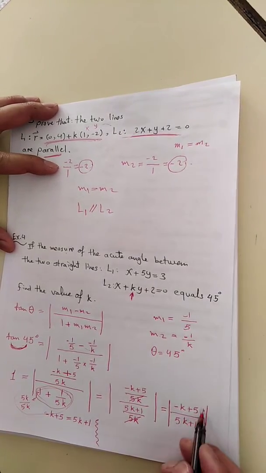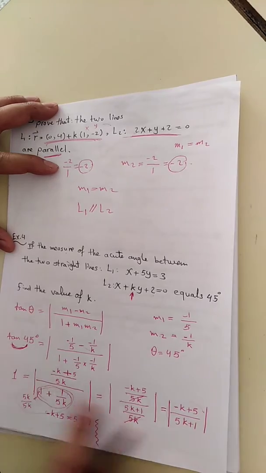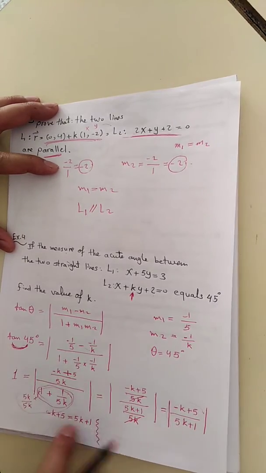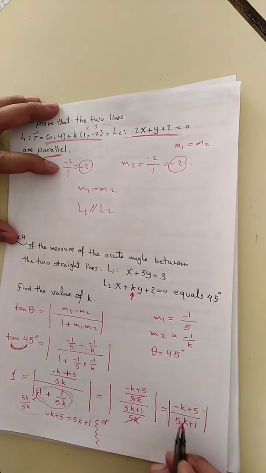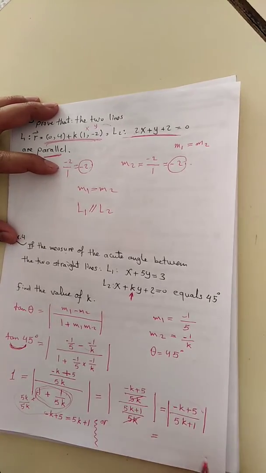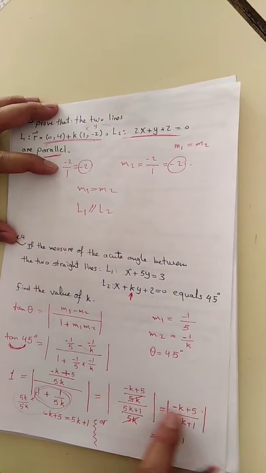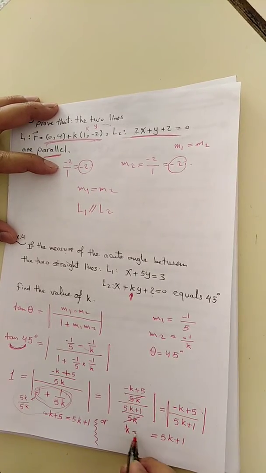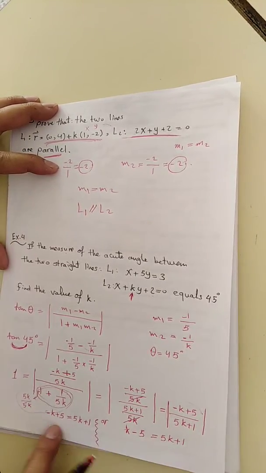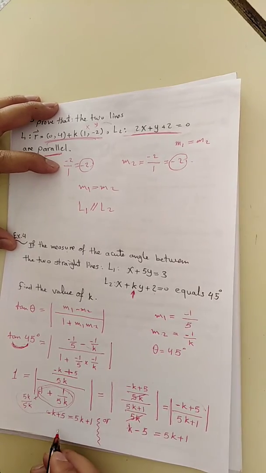And it may equal negative 1, that means change one of them and write they are equal. 5k plus 1, and change the sign of the numerator. Negative k will be k, positive 5 to be negative 5, and get here the value of k.